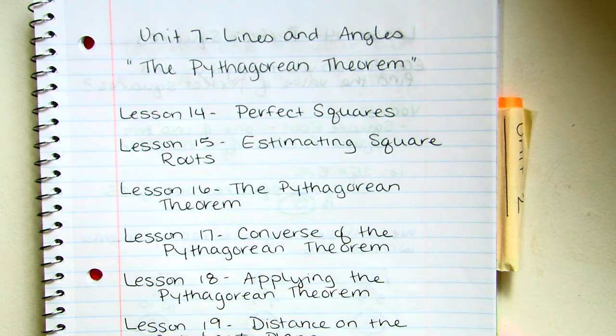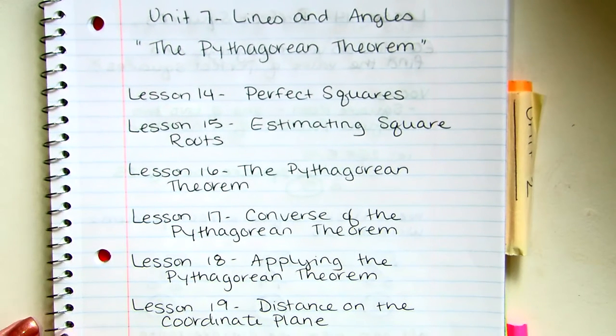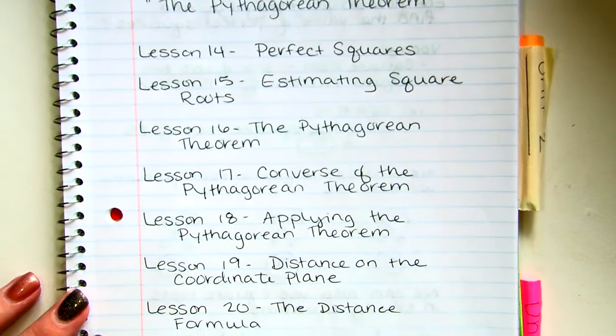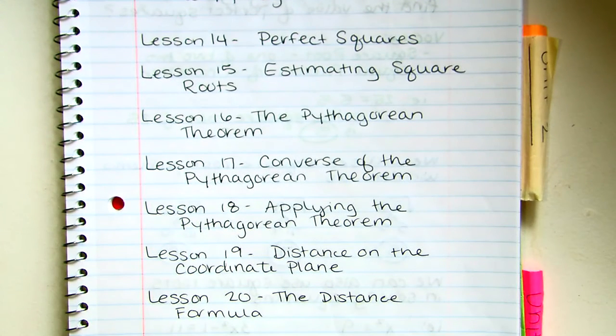Lesson 14 is perfect squares, 15 estimating square roots, 16 Pythagorean theorem, 17, the converse of Pythagorean theorem, 18, applying the Pythagorean theorem, 19, distance on the coordinate plane, and lastly, 20, the distance formula. Now, this is also the last unit of this textbook.